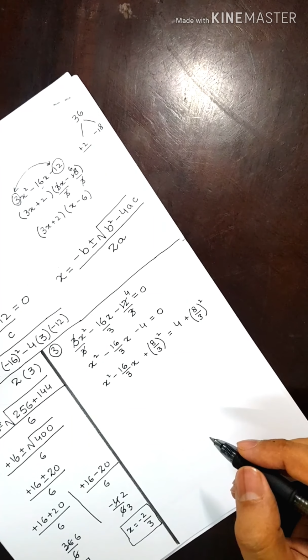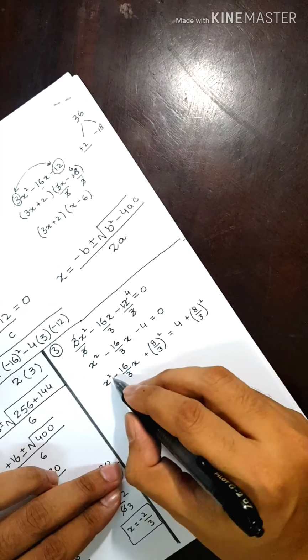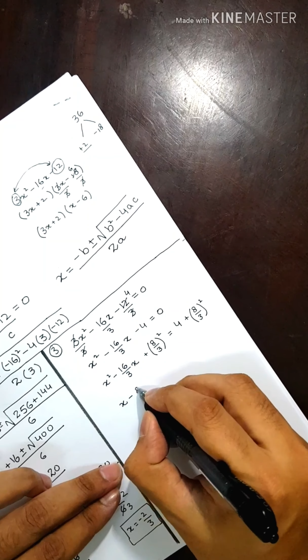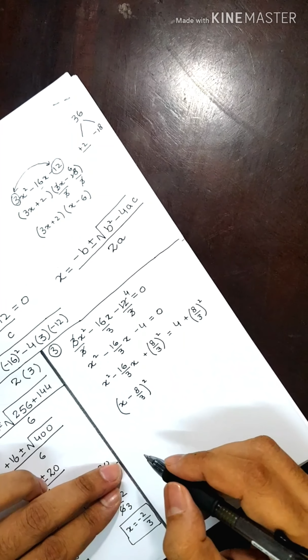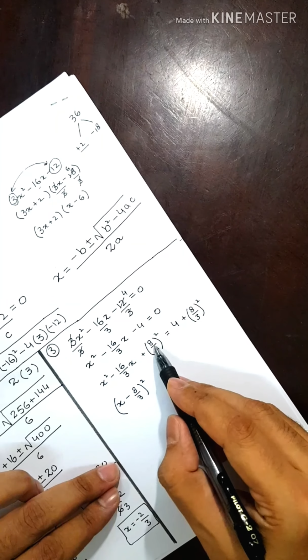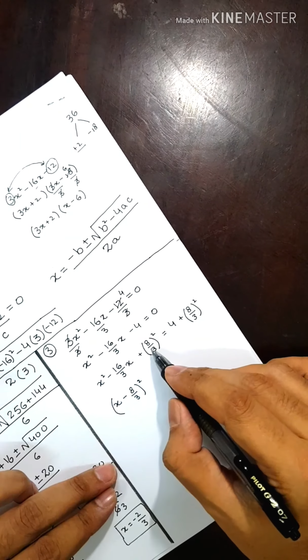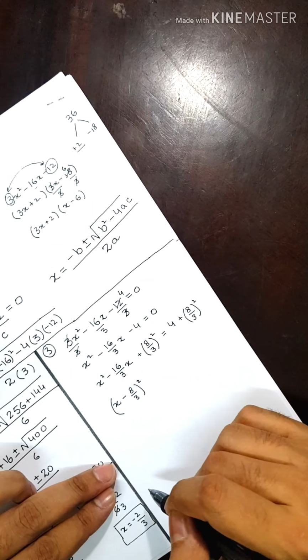What will happen with this? This part will become the complete square, x minus 8 over 3 whole square. This will automatically become a square minus 2ab plus b square. By adding the half square of this term, it will become a perfect square or a complete square here.